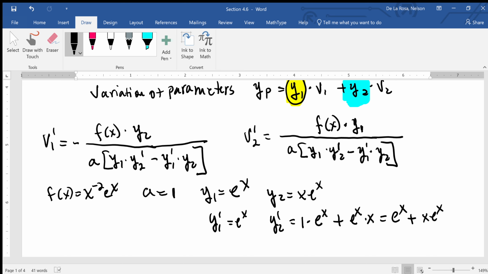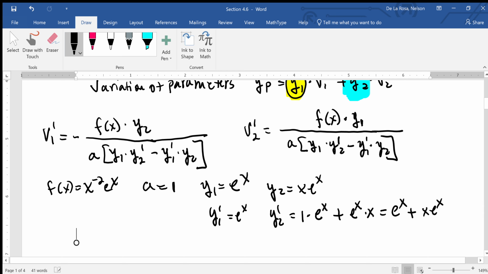Now we're going to replace those expressions in the formulas to find v1 prime and v2 prime, then find the integrals.